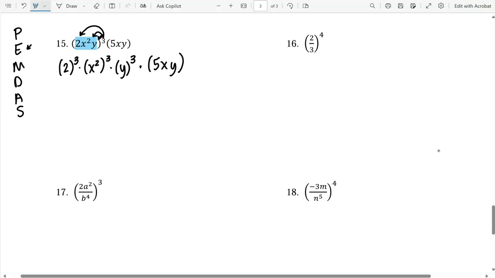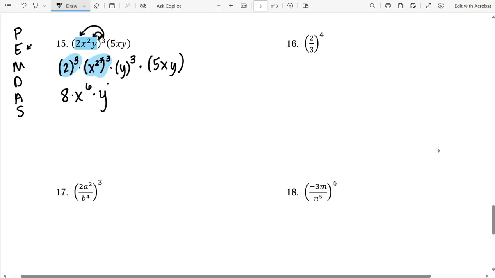Before I go any further, this and this could technically be simplified to look simpler. 2 cubed, as we saw earlier, was 8. X squared cubed is that double exponent, so I'm going to write the x and multiply. 2 times 3 is 6.